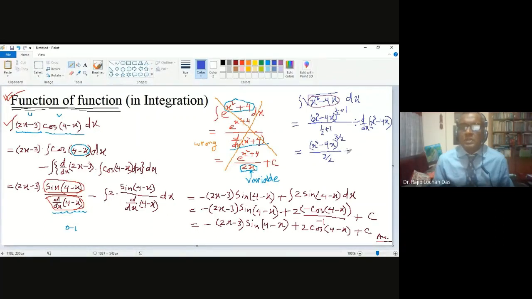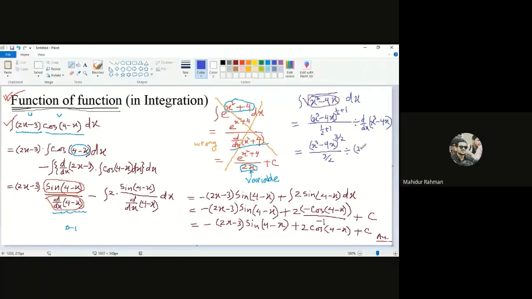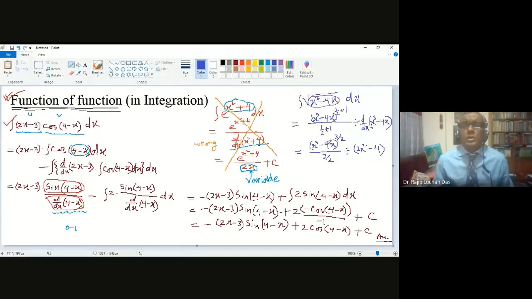Just let me write it with the division sign. So what is the d/dx answer here? 3x square minus 4.